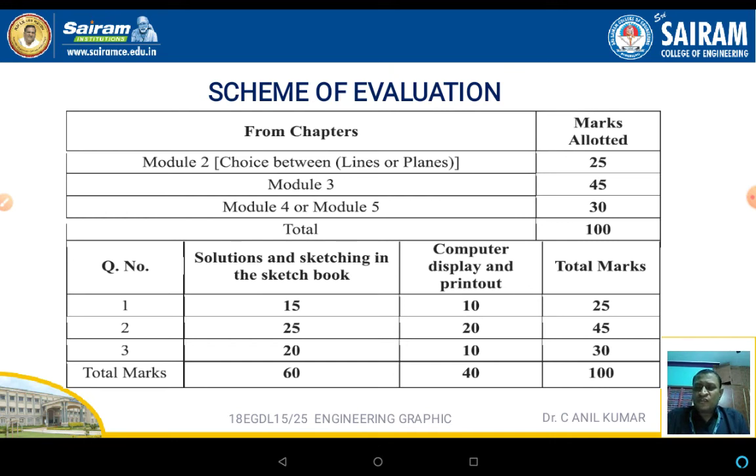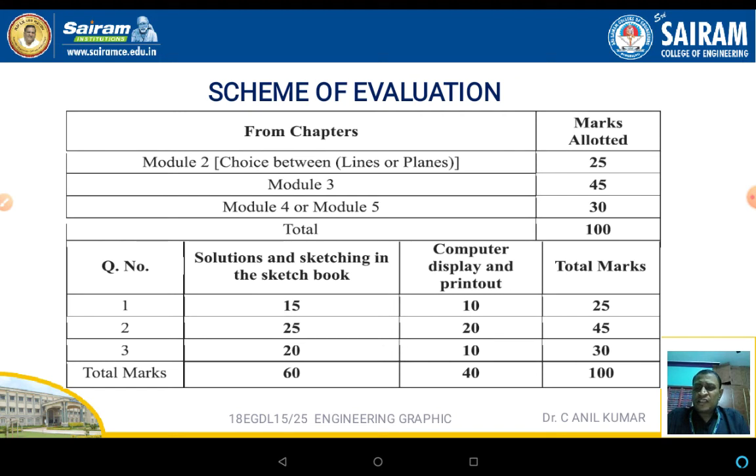Question 1, lines and planes, carries 25 marks: 15 marks for the solution and 10 marks for the computational work. Module 3, the solids, is 45 marks, where 25 marks is for the sketching and another 20 marks for the computational.